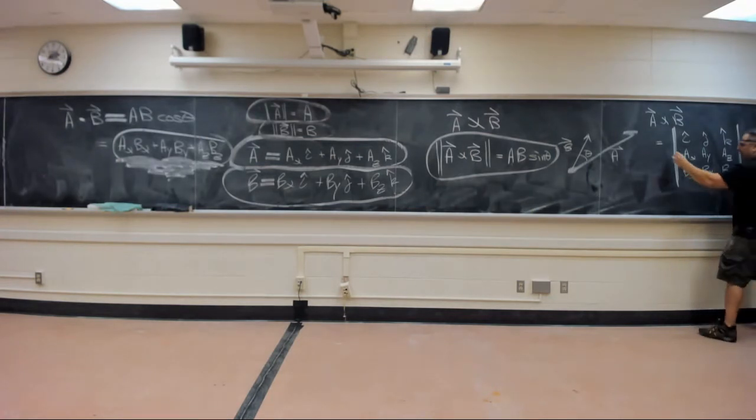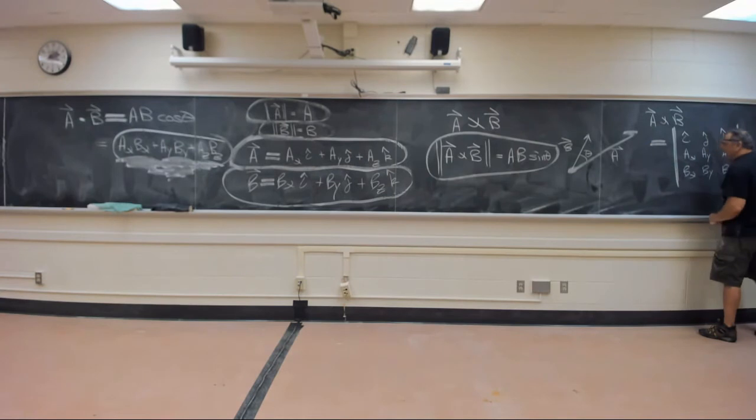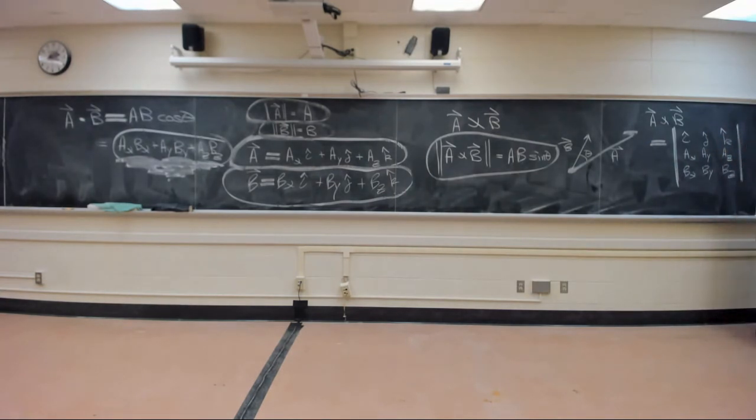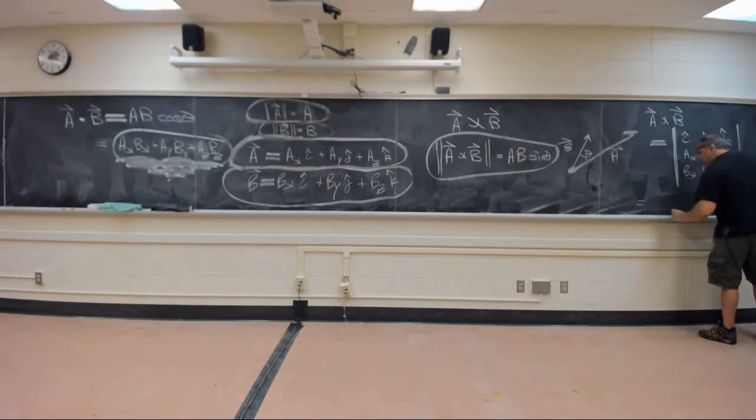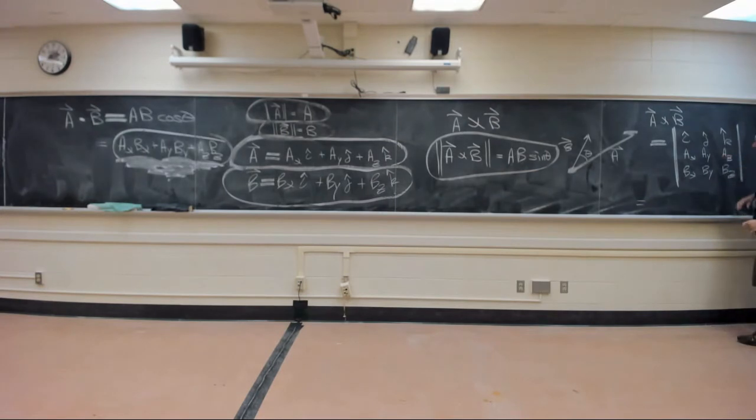Evaluate that determinant. It's not really a determinant, but what the heck? We can make it behave like one. At the end of the day, how do you do a determinant like this?